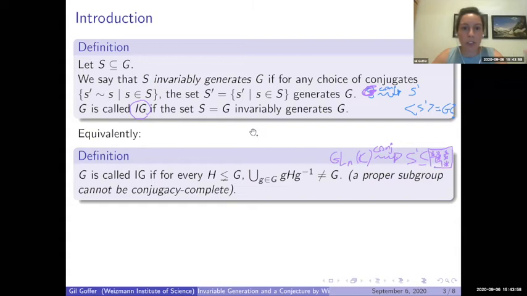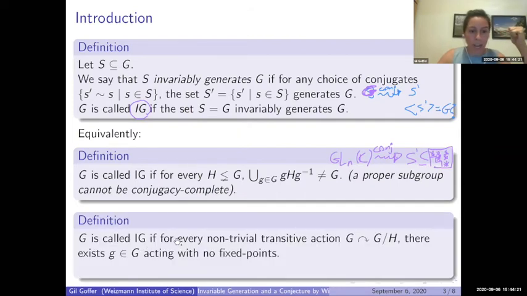Okay, let me view one last equivalent definition, which is a bit more dynamical. Instead of saying every proper subgroup, I want to think of every proper subgroup as a non-trivial transitive action of G, on a space of more than one point.